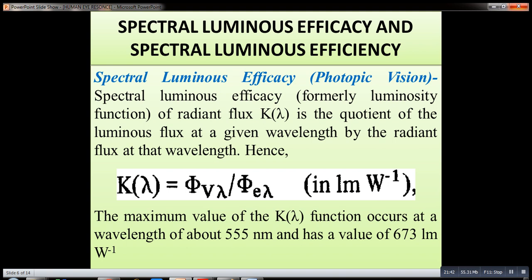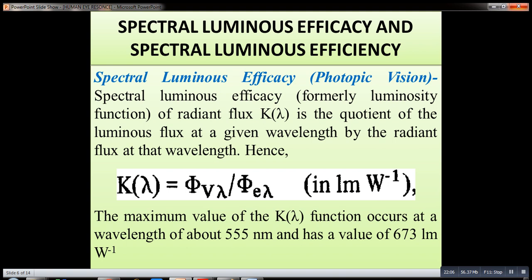Not all wavelengths of light are equally visible or equally effective at stimulating human vision, due to the spectral sensitivity of the human eye. Radiation in the infrared and ultraviolet parts of the spectrum is useless for illumination.